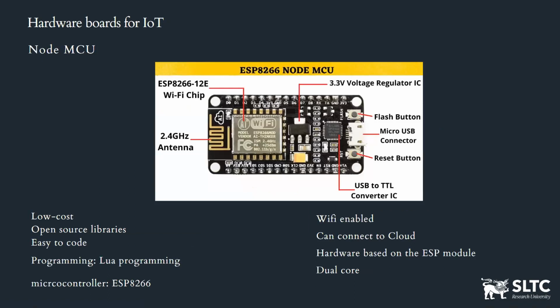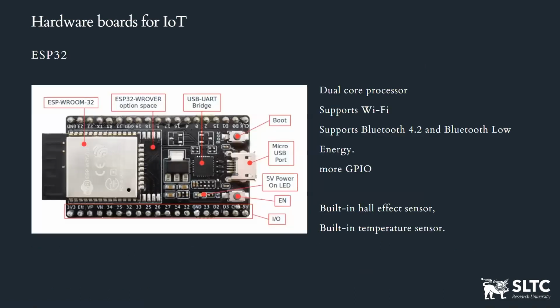So this has some number of pins, but the ESP32 has more pins. Apart from that, this microcontroller has Wi-Fi connectivity and Bluetooth connectivity. Therefore, you can work with a lot of libraries, and you can access web resources very easily with this microcontroller.